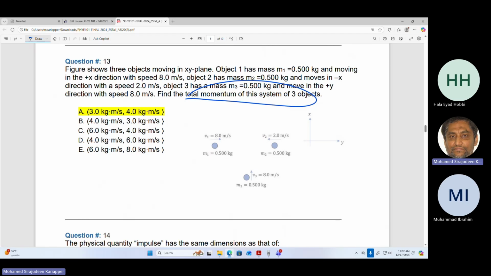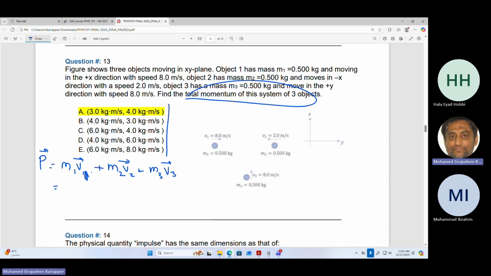So you just do M1 V1 plus M2 V2, but just remember they are all vectors and the velocities are given in vector notation. So you just substitute because answers are also in vector notation. So you don't have to go in the x direction, the y direction separately. You just do a vector addition for the total momentum.